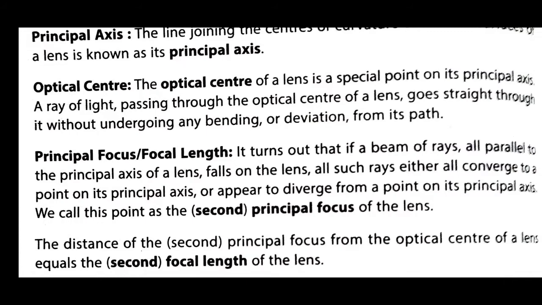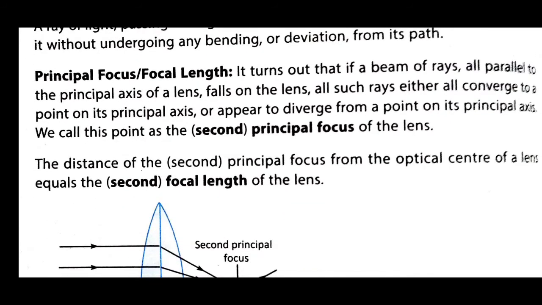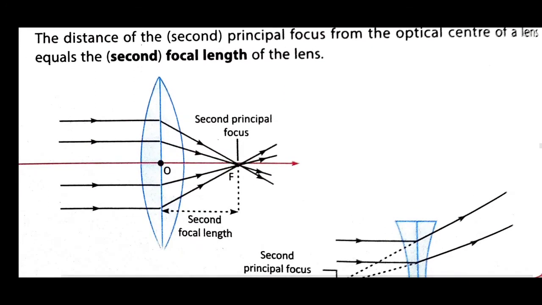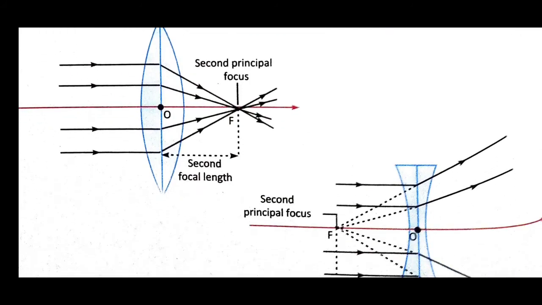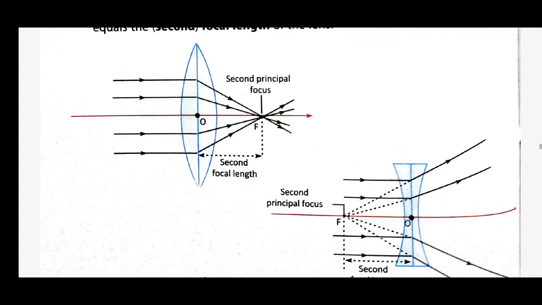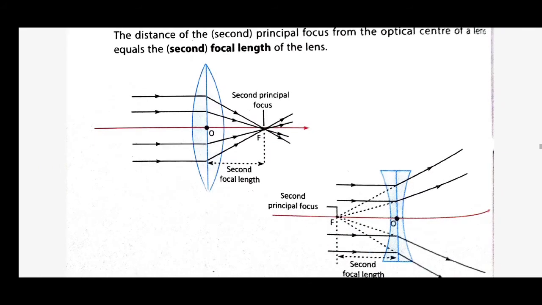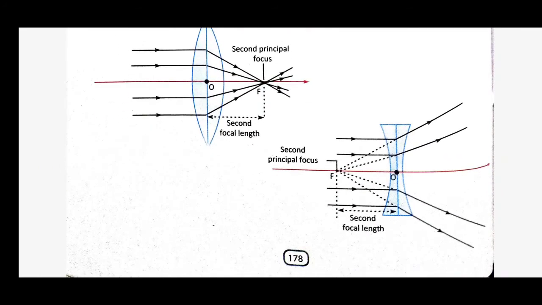So, now next term is principal focus or focus and focal length. For this, you see the following figure first and figure second. At first, see the figure. Here, so many rays are incident parallel to the principal axis on the convex lens, and in the second figure the parallel rays are incident on the concave lens.